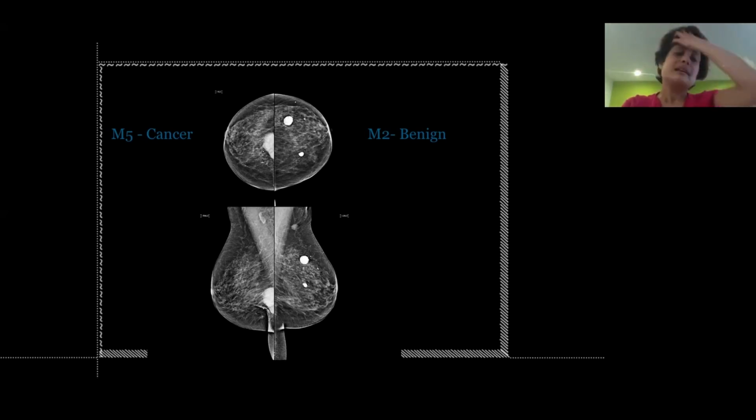So on the left side, we see a couple of rounded densities, the most prominent of which is quite dense and appears calcified, and this is in the upper outer quadrant of the left breast. So line drawn back from the nipple, the bigger rounded lesion is in the upper half of the breast on MLO view, and on the CC view, it's in the outer half of the breast, so upper outer quadrant of the breast.